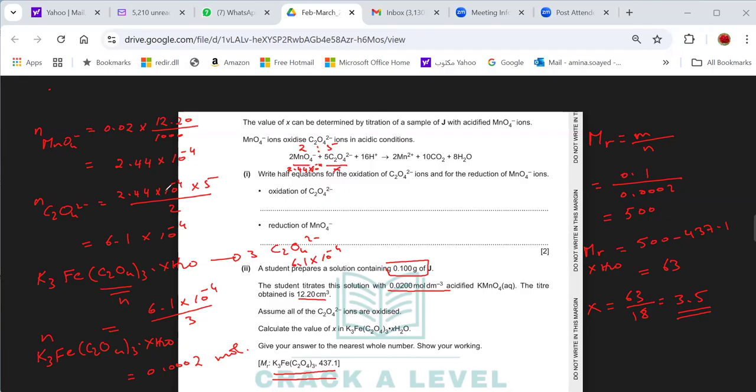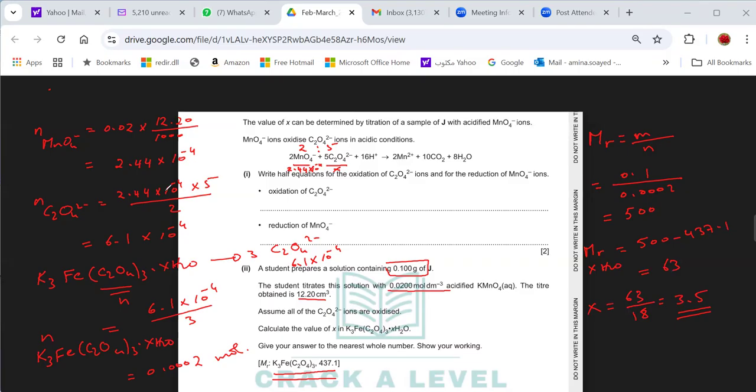So 0.02 times 12.2 divided by 1,000. I got 2.44 times 10 to the power minus 4. This is for the manganate, so we multiply by 5 divided by 2. I got 6.1 times 10 to the power minus 4.